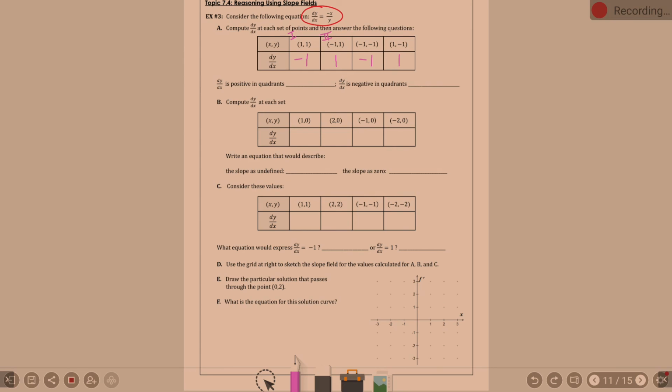Negative 1, negative 1 is quadrant 3. And 1, negative 1 is quadrant 4, if you will. So it's positive in quadrants 2 and 4, and negative in quadrants 1 and 3.